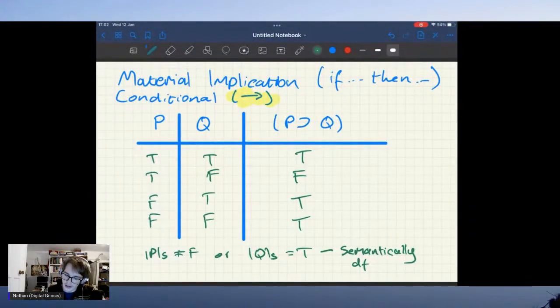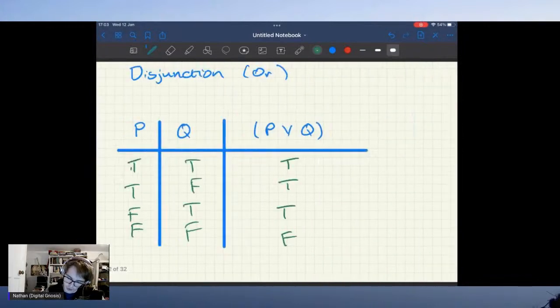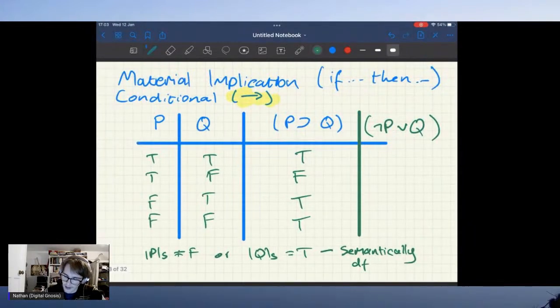But something to bear in mind basically is that this definition of material implication, or the if-then, is basically the same as not P or Q. So remember the definition of or, which was that P or Q. So not P or Q then is going to be true if either of these are true.